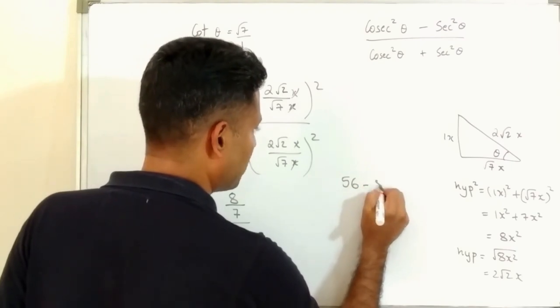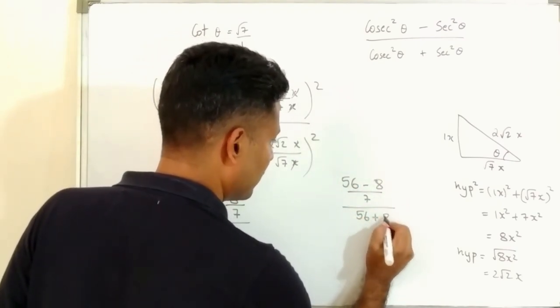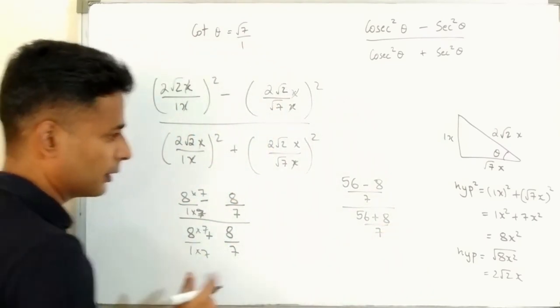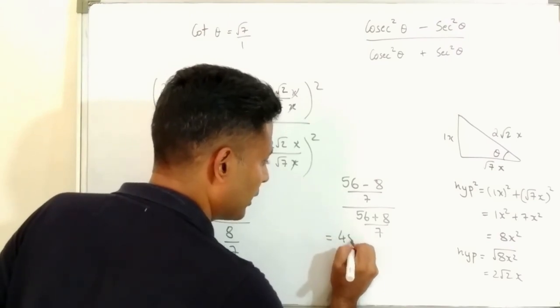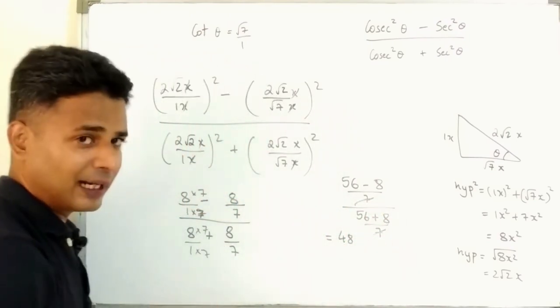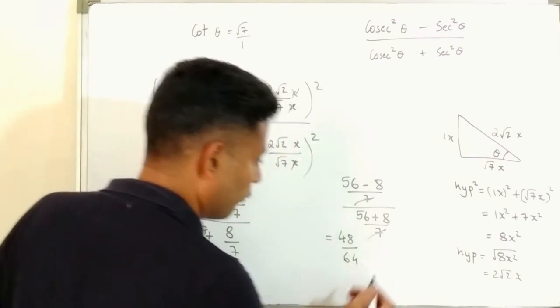So we get 56 minus 8 by 7 over 56 plus 8 by 7. So 56 minus 8 we get 48, and by 7 and 7 will cancel. So we get 48 by 56 plus 8, 64.